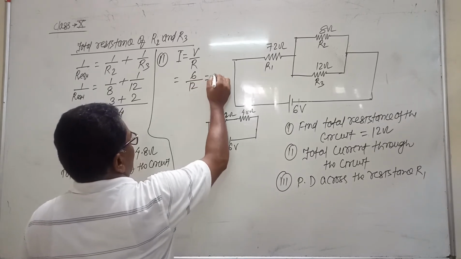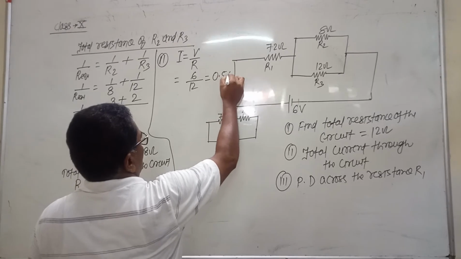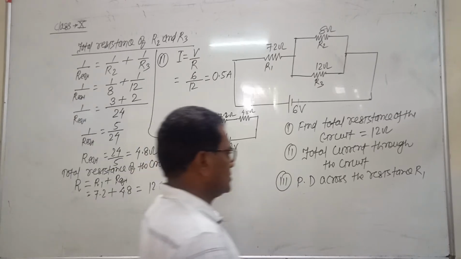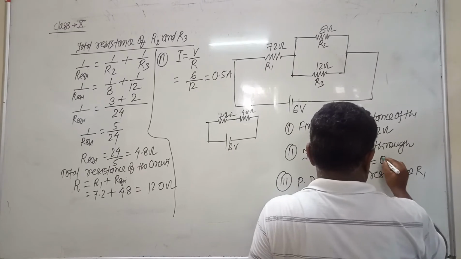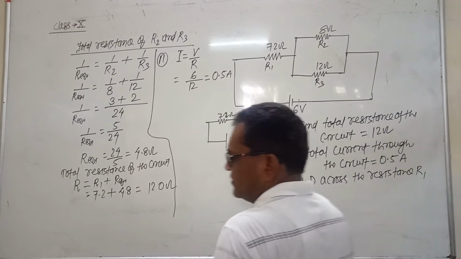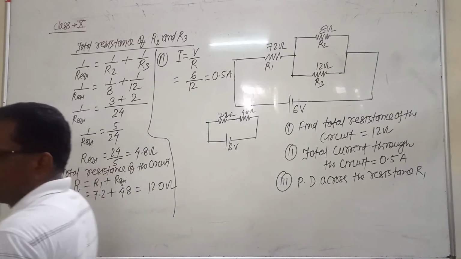So 6 divided by 12, this is 0.5 ampere. This is the total current flowing through the circuit. The unit of current is ampere.